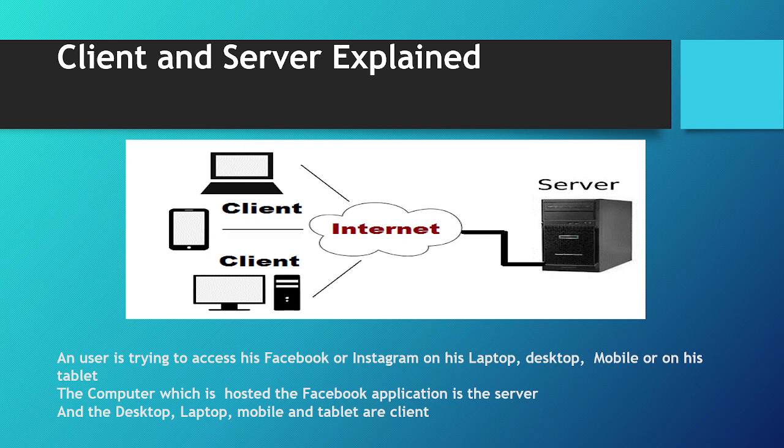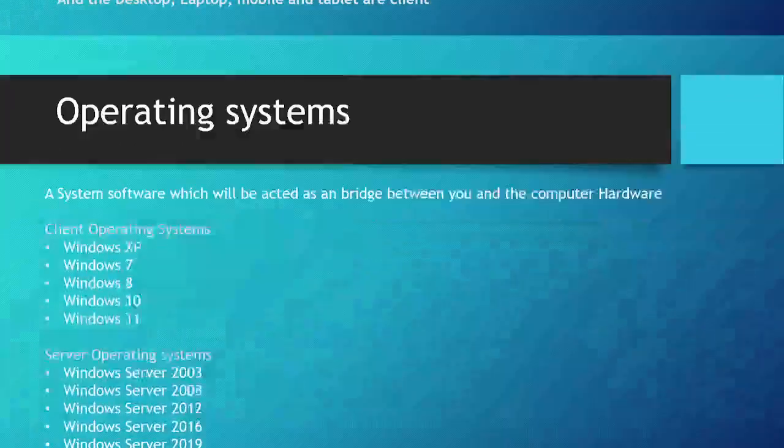You access your Facebook application using your mobile, laptop or desktop, whatever device you use, but the application is the same: same profile, same comments, same postings, correct? Everything is the same because the server is the common factor here. The same server is serving the application, but you are using different clients to access it. So that we discussed yesterday.